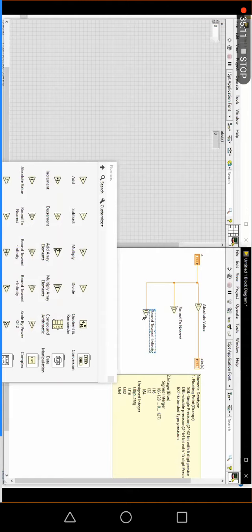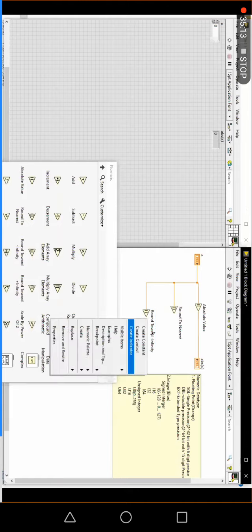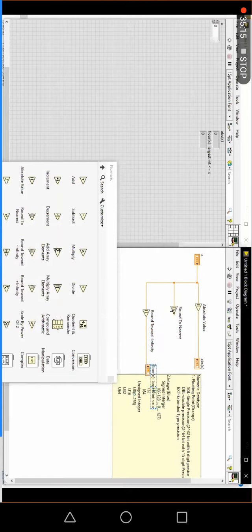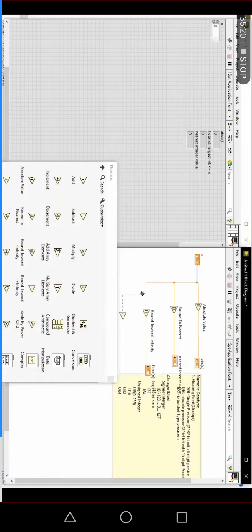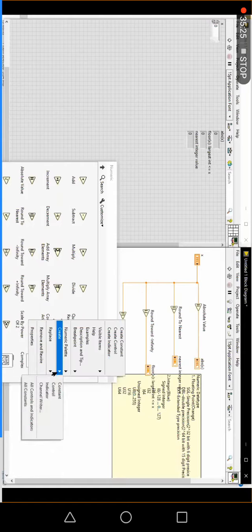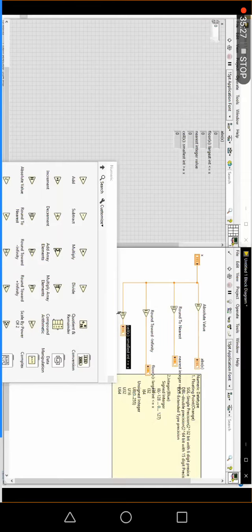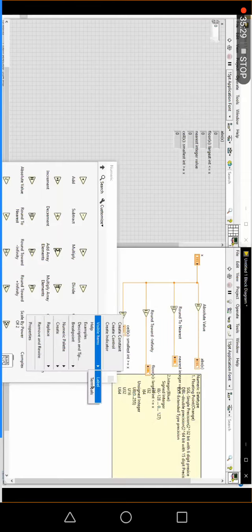Let me give labels to all these so that you can identify them. Last is positive infinity. The functions are available and you are going to tell the answer for all the indicators.